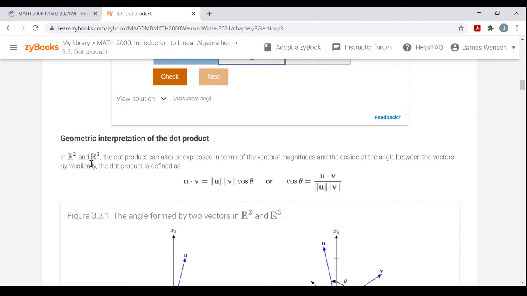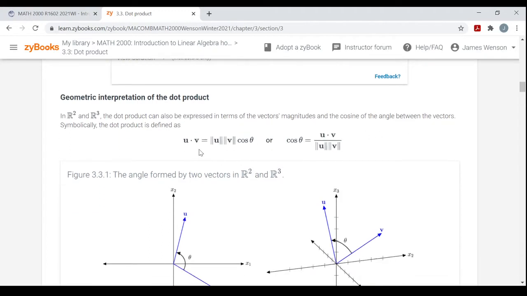But in R2 and R3, so 2-dimensional space and 3-dimensional space, the dot product can also be expressed in terms of the vectors' magnitudes and the cosine of the angle between the vectors. Now this formula also applies to higher dimensional spaces, not just R2 and R3.